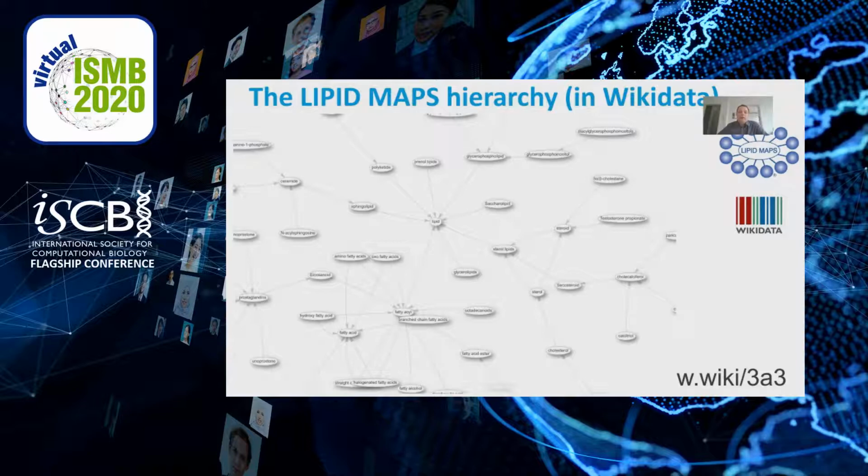Now, Wikidata has a number of hierarchies, partly derived from information in Wikipedia, for example, but also hierarchies based on the ChEBI ontology, for example, which explains why we see a number of messy hierarchical relations, for example, around fatty acid and fatty acid.